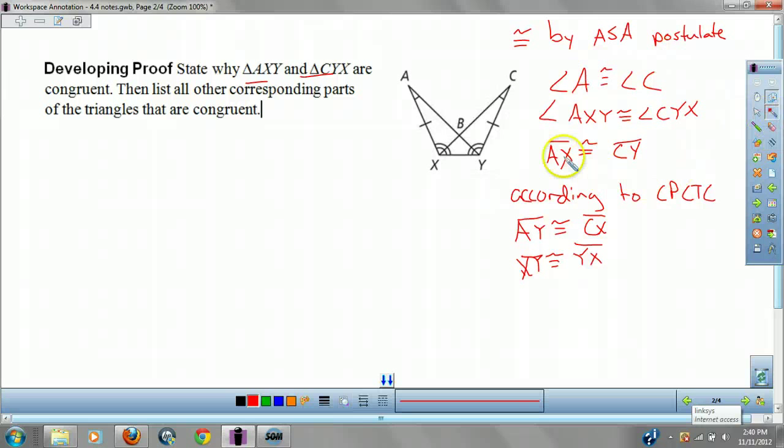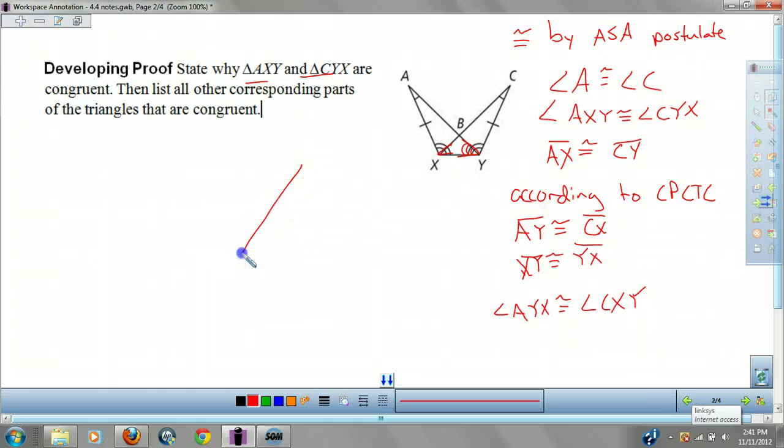Now we're still missing one piece. We need six. Now this is a hard one to see. This angle right here is part of that triangle. That is angle AYX, and that's going to be congruent to, well, I'm looking at the smaller one now, angle CXY.